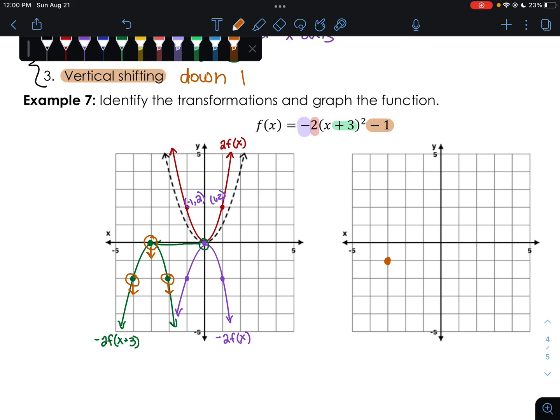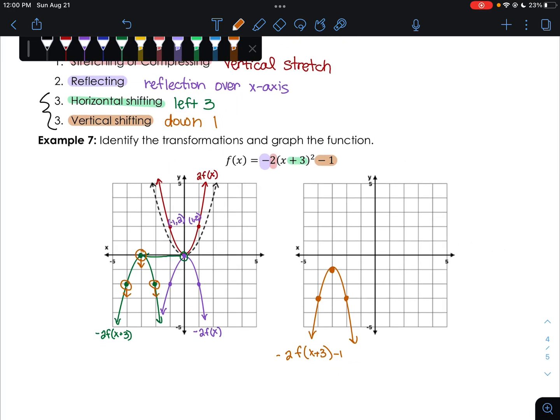Instead of being at -2, -2, it's going to be at -2, -3. And instead of being at -4, -2, it's going to be at -4, -3. So now I have my final graph right here. So this represents f of x. So it's -2 f of x plus 3 minus 1. So that is the whole entire transformed function.